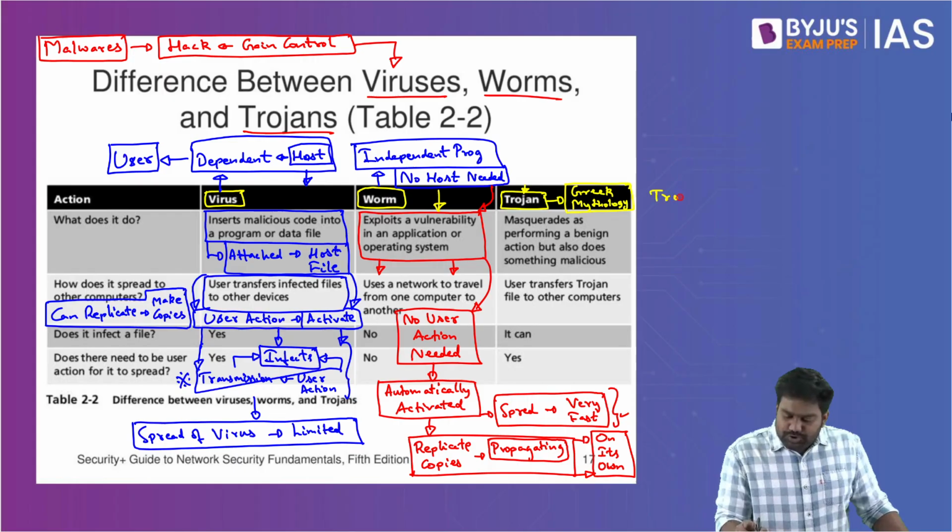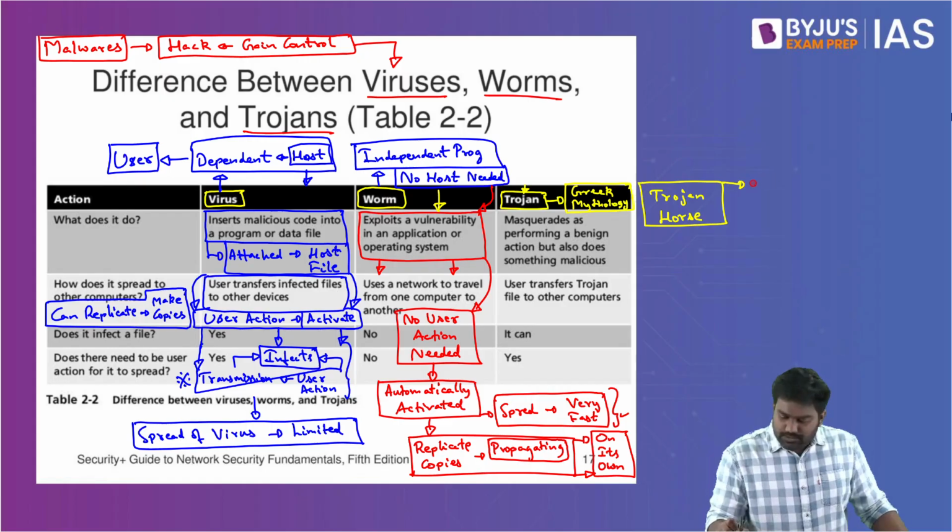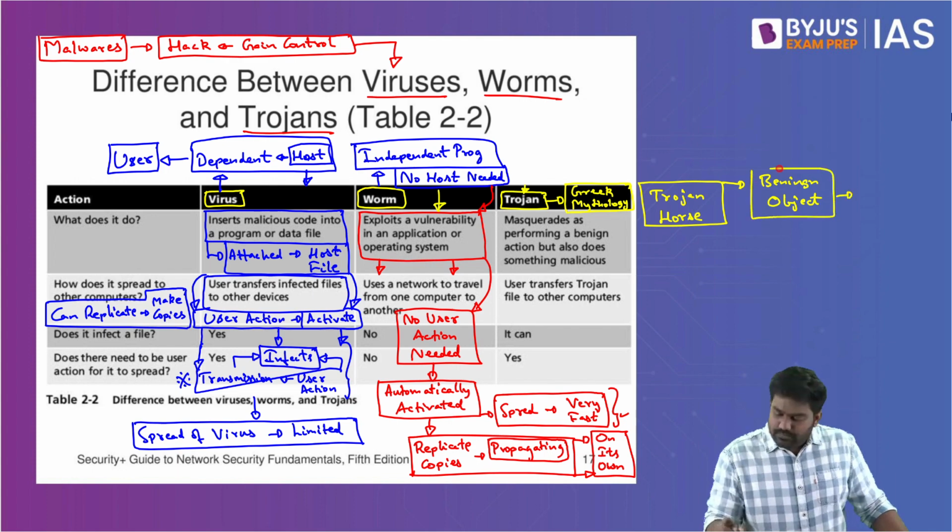Now, in case of the Trojan horse, according to the Greek myth, what happened? People thought it's just a benign object, right? They saw that it was no threat for them. That's how it appeared.